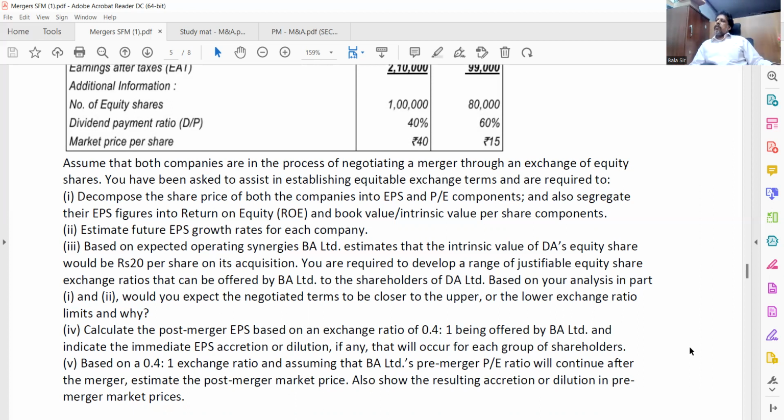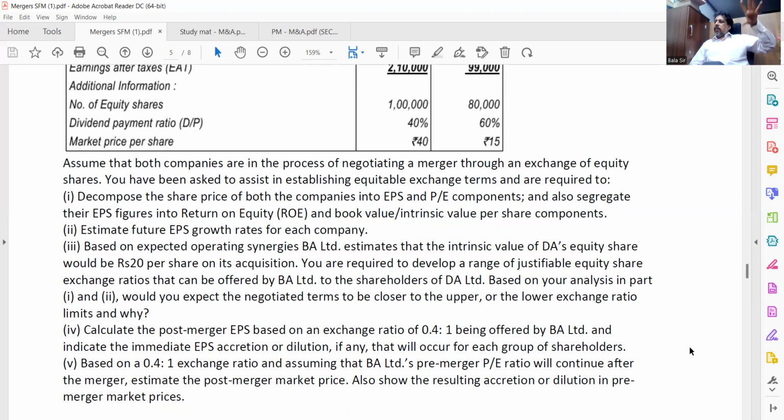Okay. Now, basically, I've been asked to calculate 4 numbers. Number 1, you have been asked to calculate the earnings per share. And then you have been asked to calculate the price earnings ratio. You have been asked to calculate the return on equity and the book value per share. These are the 4 numbers you're supposed to calculate.